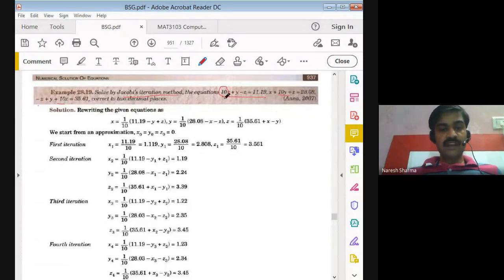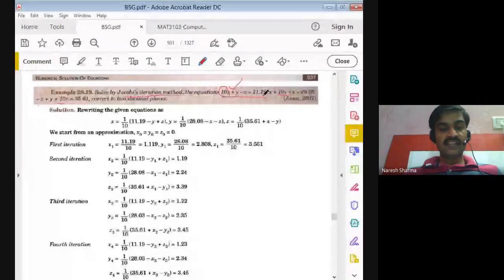So we can keep x on the left hand side, remaining everything in the first equation on the right hand side. So we shift y and z to the right hand side, that is (11.19 - y + z) divided by 10. So we get this value of x. Similarly, from the second equation, keep x and z on the right hand side, so they become minus x and minus z, and divided by 10, you get y.